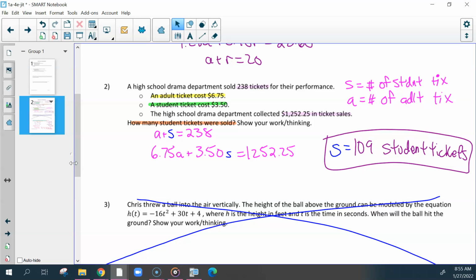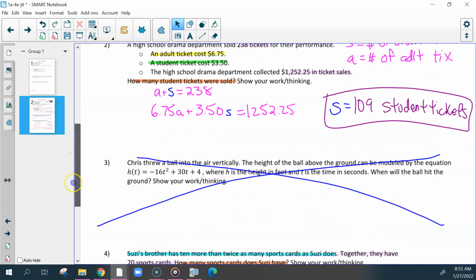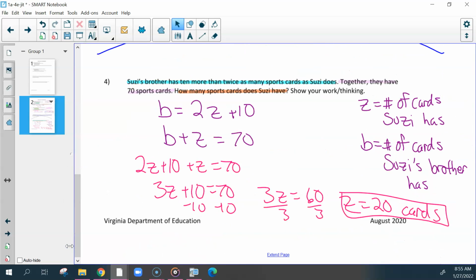Okay. Skip number 3, move on to number 4. For this one, define your variables. I use C and B, but you could have used whatever you wanted. Be specific when you label them. Number of cards, something related to that. Then your two equations. One should represent this first sentence.